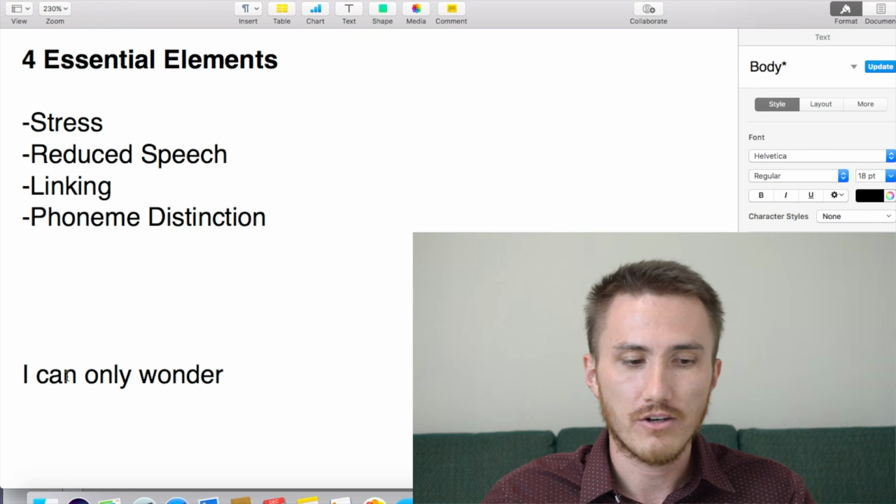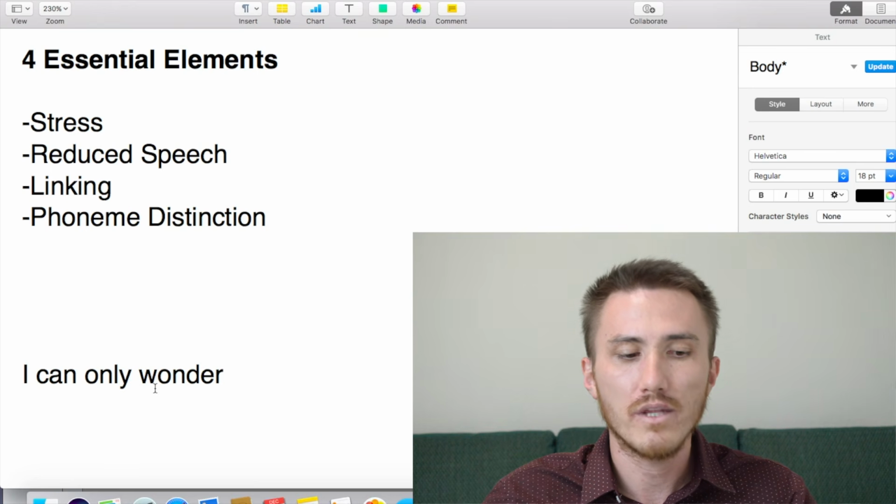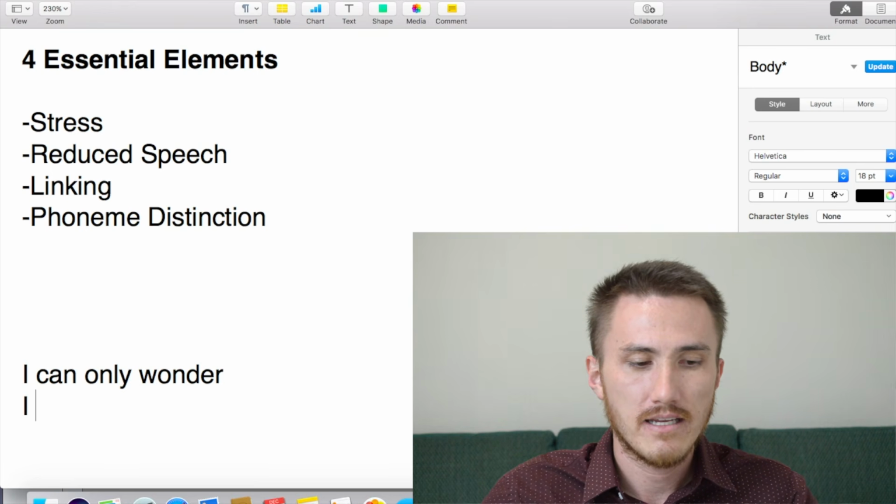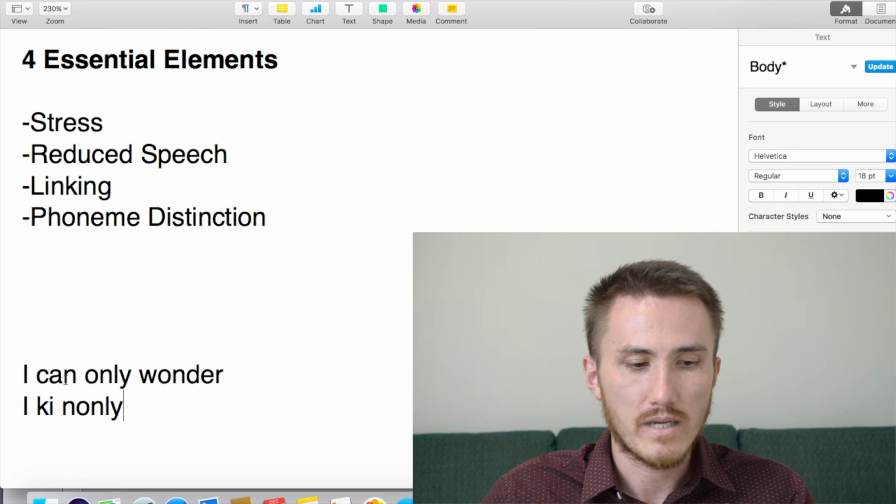So what we see here with this linking is that the final consonant goes to the beginning of the next word, at the front of the next vowel. So instead of saying I can only, we say I can only, okay? We connect this N to the next vowel. Instead of I can only, I can only, okay?